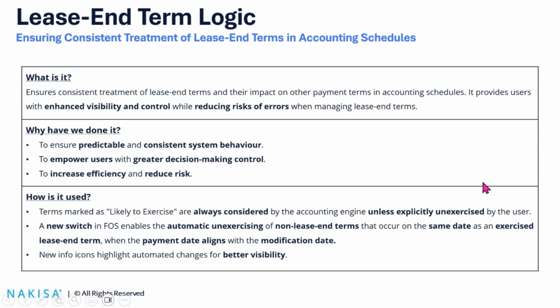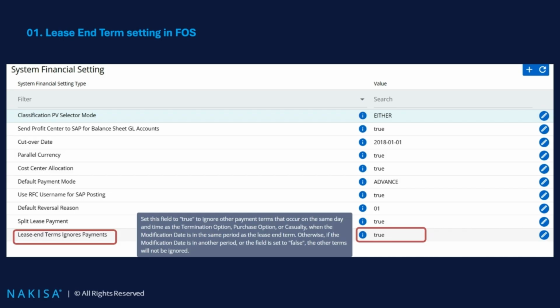So what we have introduced is a switch on the FOSS, whereby we include the lease end term and ignore the payments.